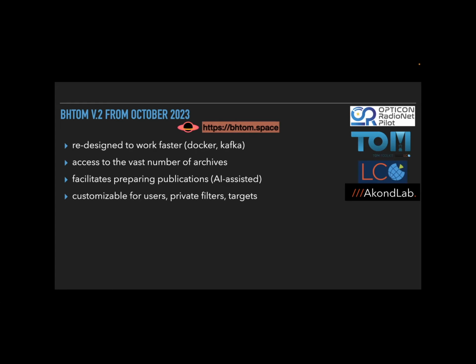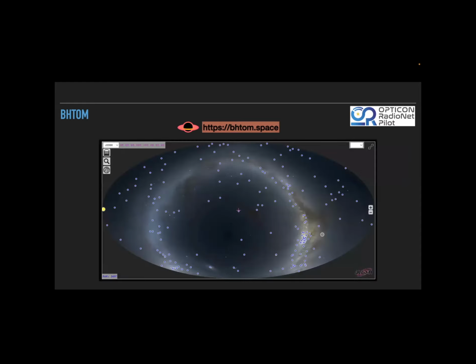Also, one of our features is that we facilitate preparing publications. It's AI assisted, actually very fashionable these days, and it's customizable for users. You can have private filters, private targets. This is a map of targets selected, so it's an interactive map.